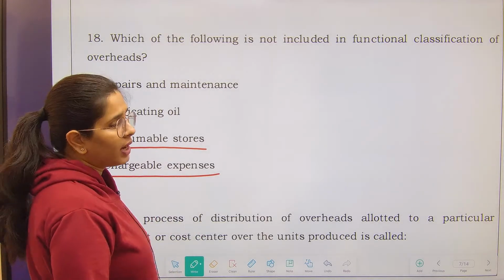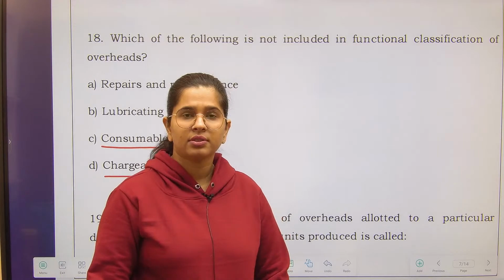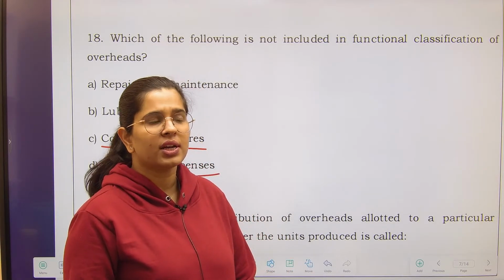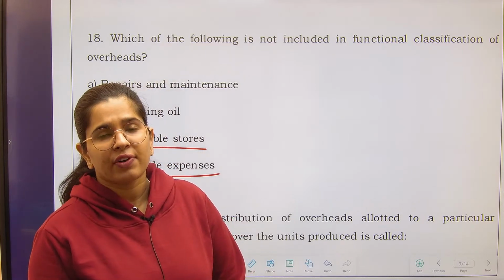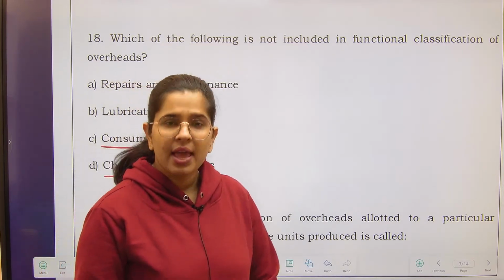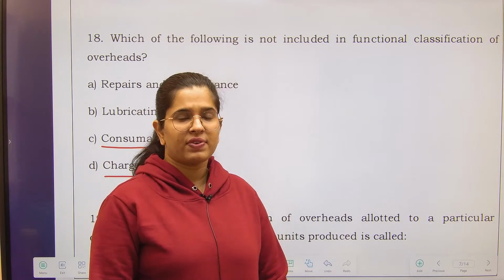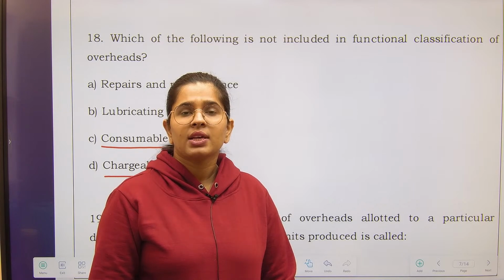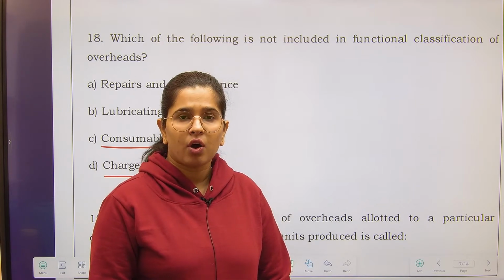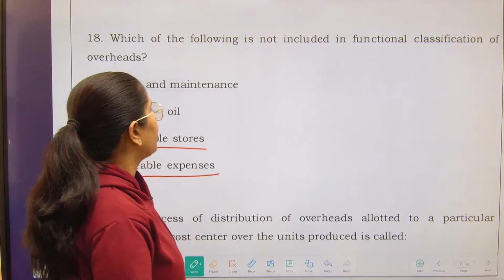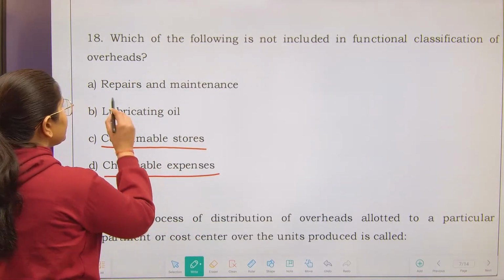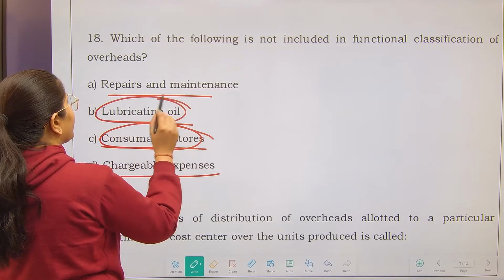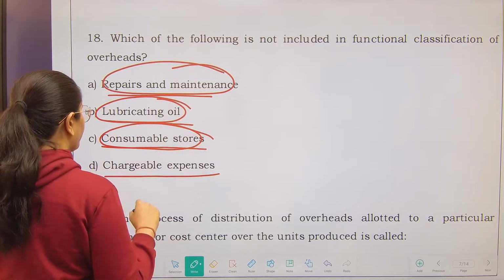Which is not included in the functional classification of your overheads? Now, what are the functional classification of overheads? Functional classification we have seen depending on the functions. Manufacturing, right? Apart from it, your selling and distribution, office and administration, all of these. So repairs and maintenance, lubricating oil, consumable stores, these are all the part of my overheads.